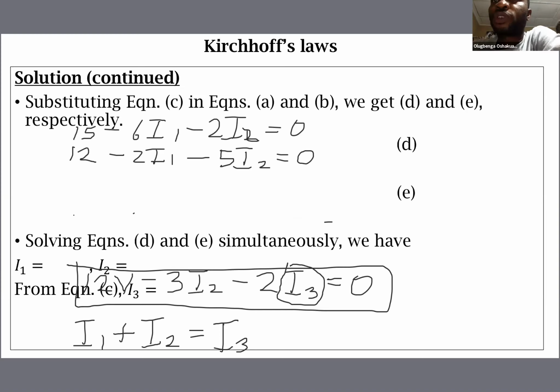So this is equation D, and this is equation E.